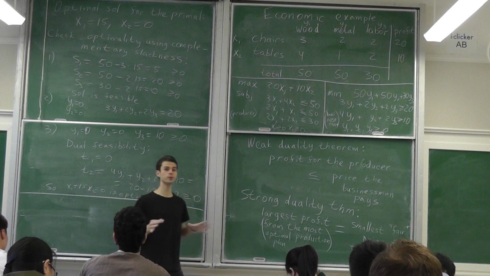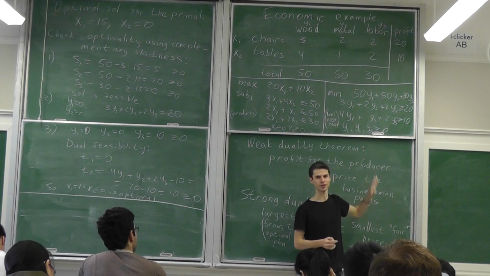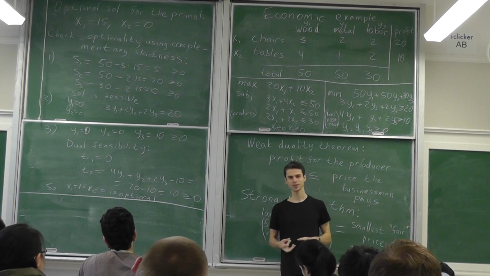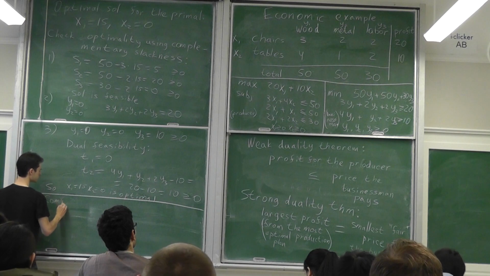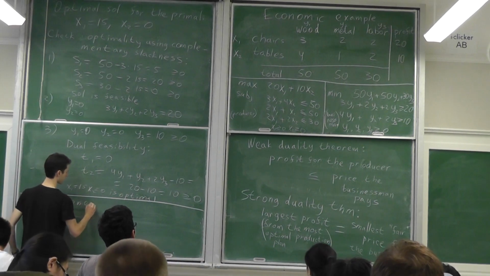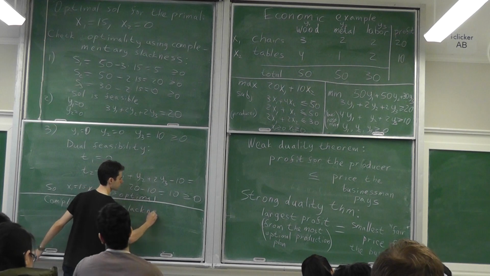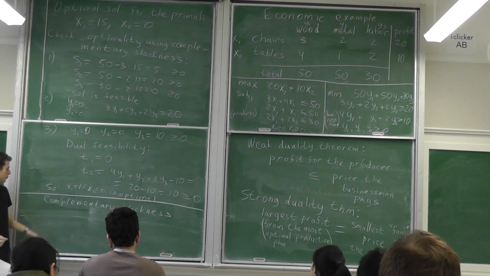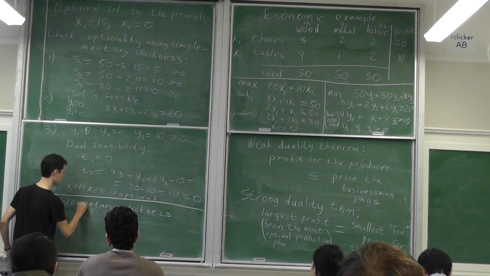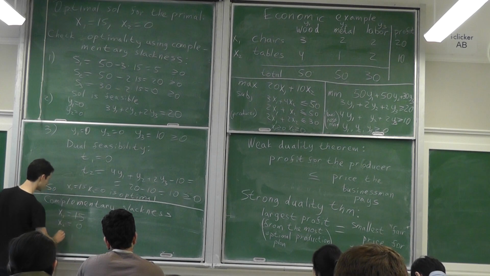Next, let's interpret this complementary slackness using our story about a businessman who wants to buy the business. So let's organize our variables and dual variables according to the complementary slackness.